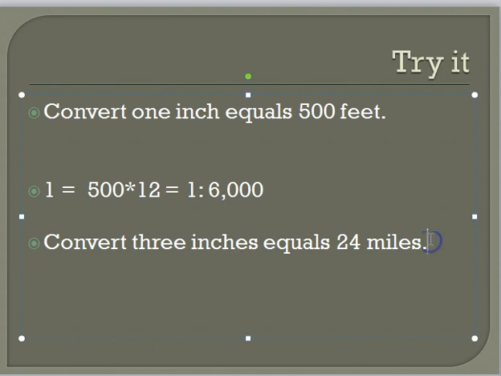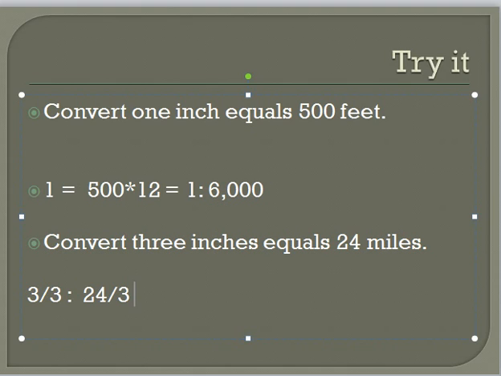For the second one, I have to turn miles to inches, but actually I'm starting out with 3 inches and I want to convert that to 1 inch. So I'm going to say 3 over 3, right? And that's going to equal 1. So I'm just going to set this up as a ratio right now. And then I'm going to do 24 divided by 3.